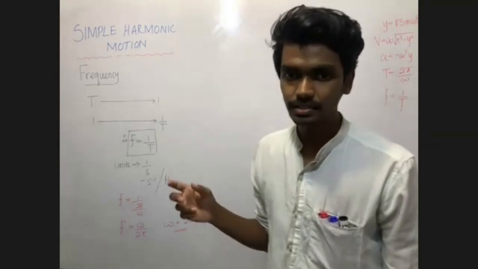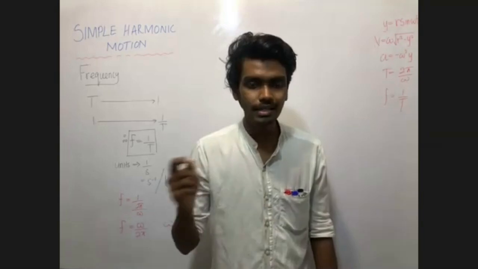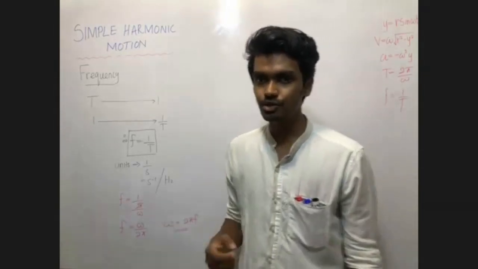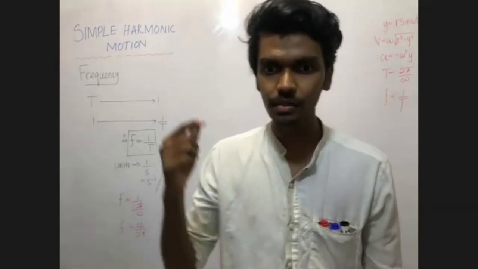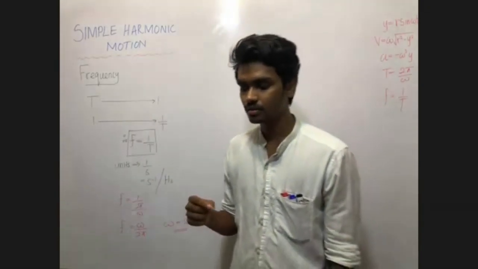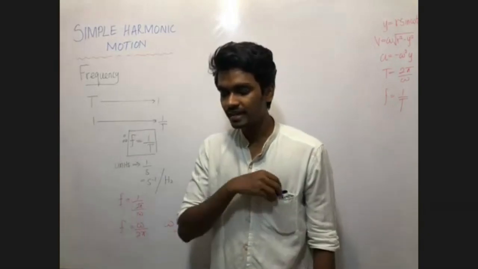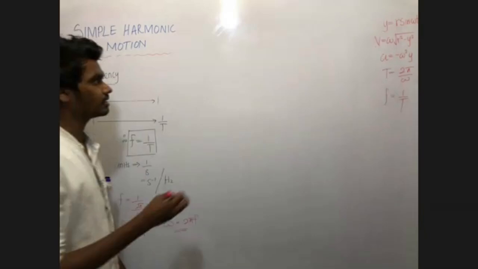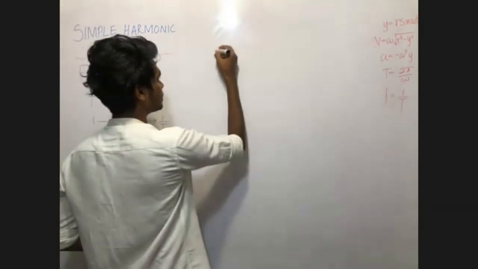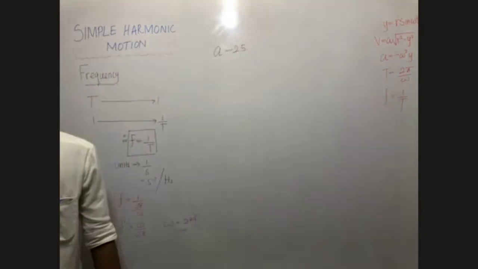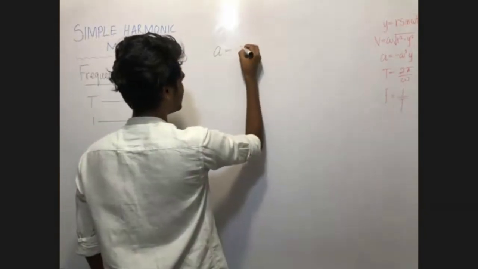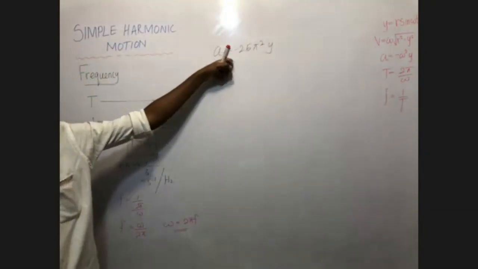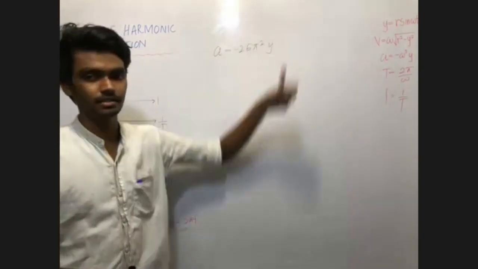Example 1. Consider a particle performing a simple harmonic motion with an acceleration a equals minus 25 pi squared y.